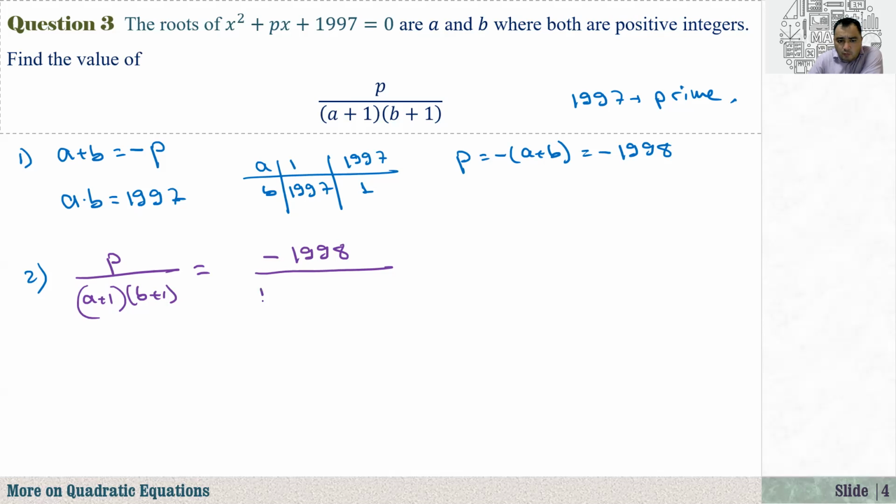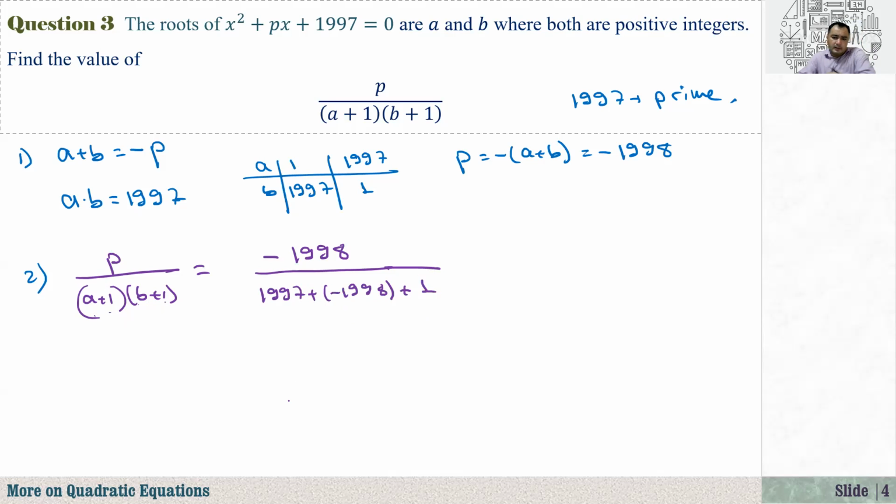A times b is 1997, plus, if you open the brackets, here we have a times 1 and b times 1, that's a plus b. What is a plus b? a plus b is 1998, and plus, here we have 1 times 1, which is equal to 1.